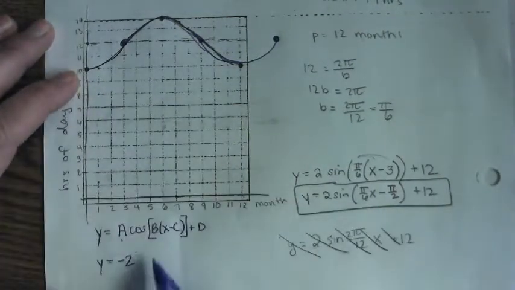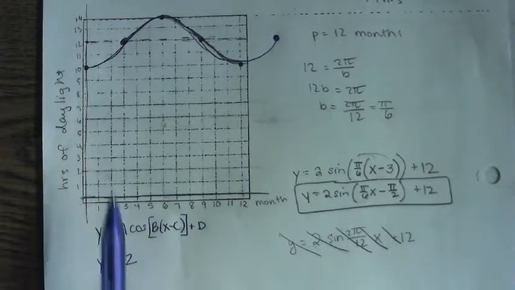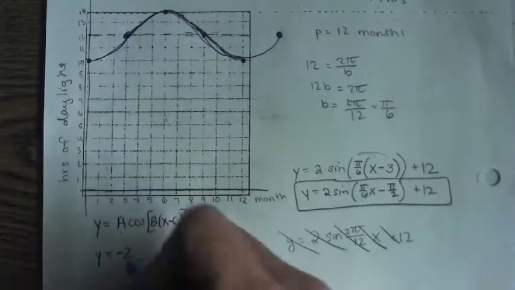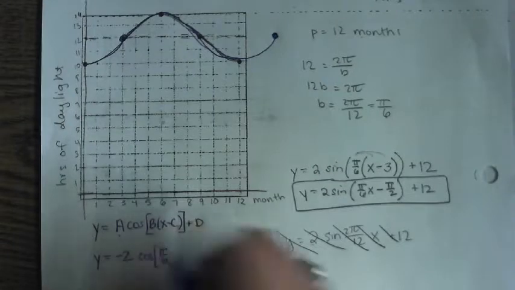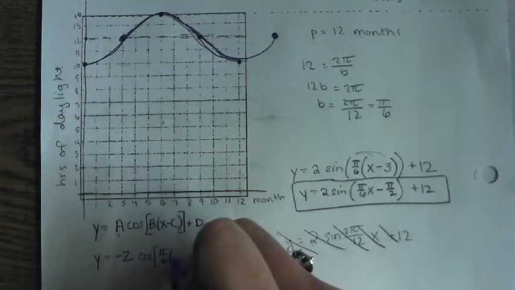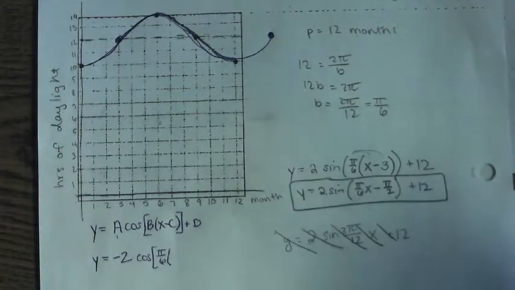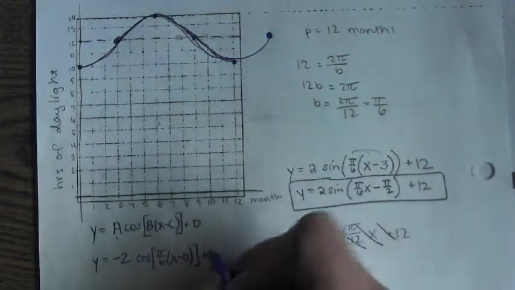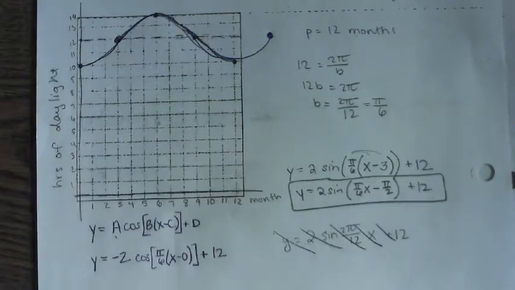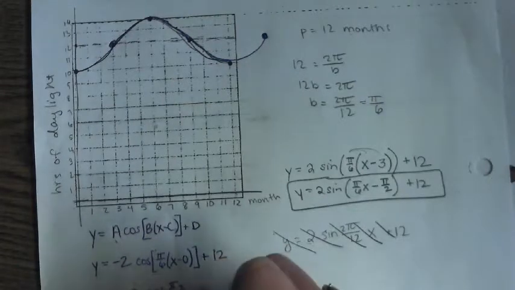Same absolute value of A in that it's 2, but it's negative because we're starting at a minimum. And then you have your cosine. Your B is not changing, so that's still pi over 6. And then we have no phase shift if we do a cosine curve, which is why if you were choosing, you probably would choose cosine because there is no phase shift. And our D does not change. So your cosine version of this graph would just be negative 2 cosine of pi over 6x plus 12.